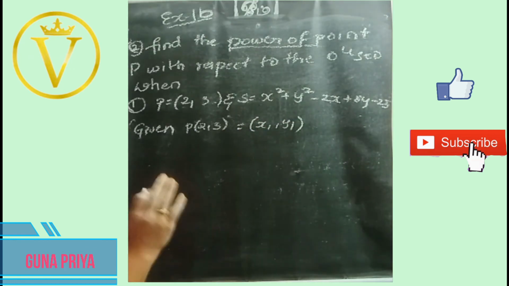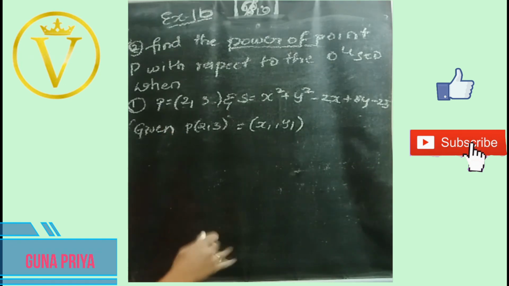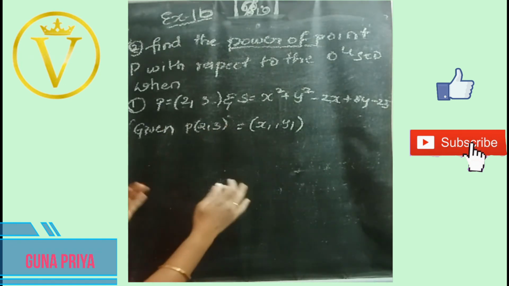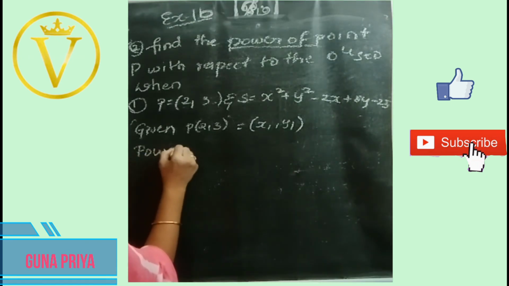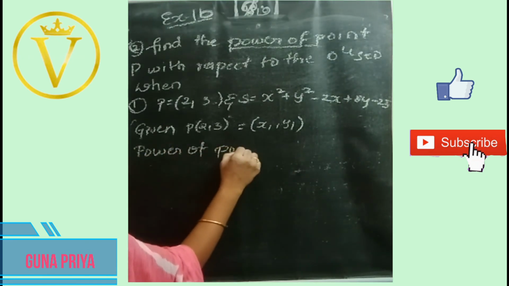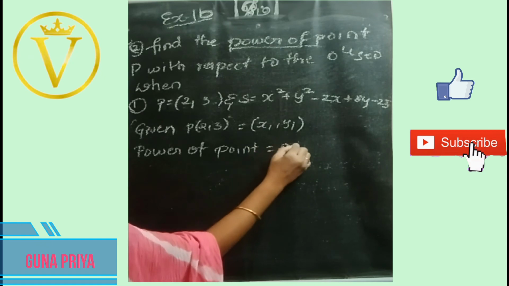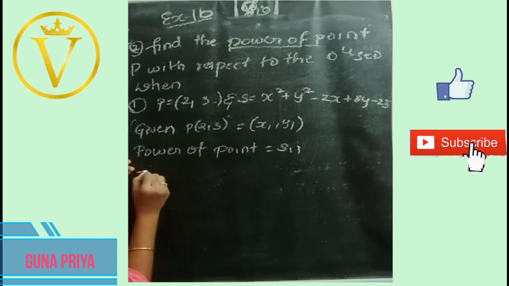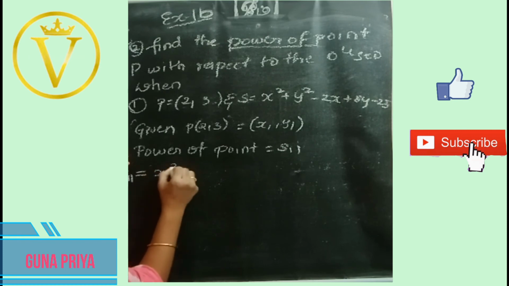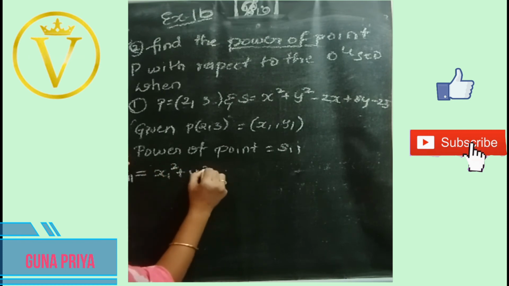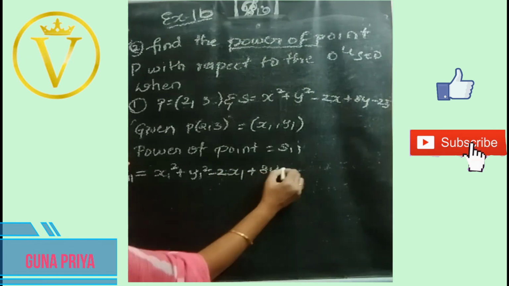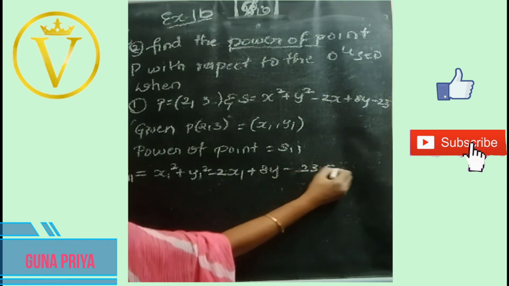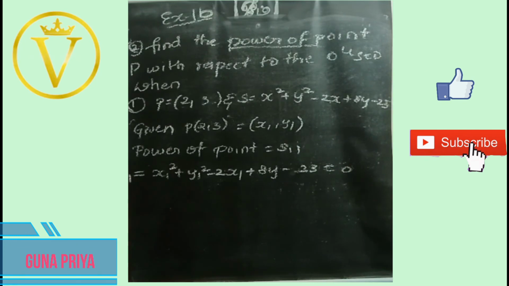Write step by step only. Practice like this only, then you will write like this in your examination. Power of point is S11, so S11 equals to x1 square plus y1 square minus 2x1 plus 8y1 minus 23 equals to 0.